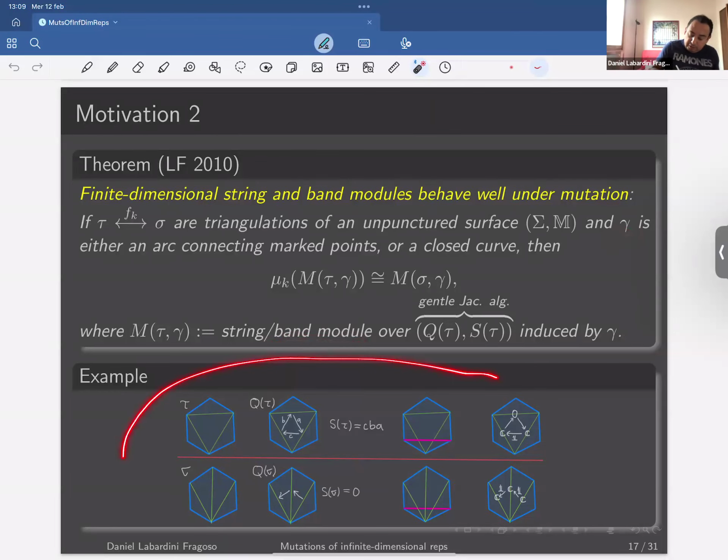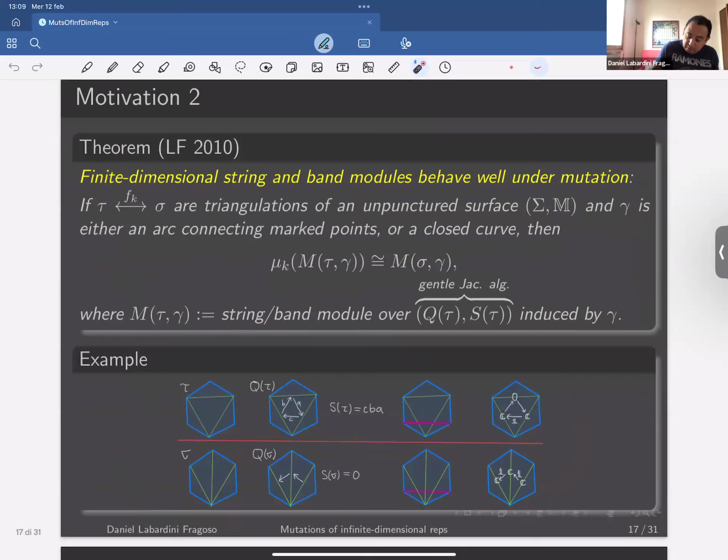Here you are seeing an example of this theorem, where one fixes a curve, which is this one, and then takes two triangulations related by a flip. Actually in this example you see P3 goes to P3 on mutation, but also if you just read the string.